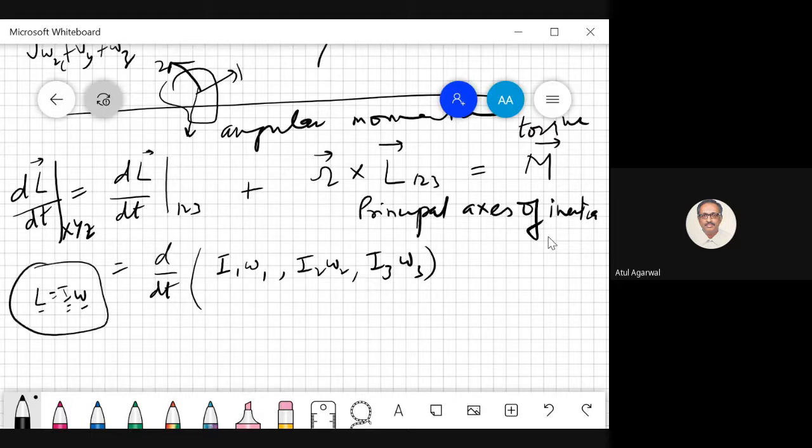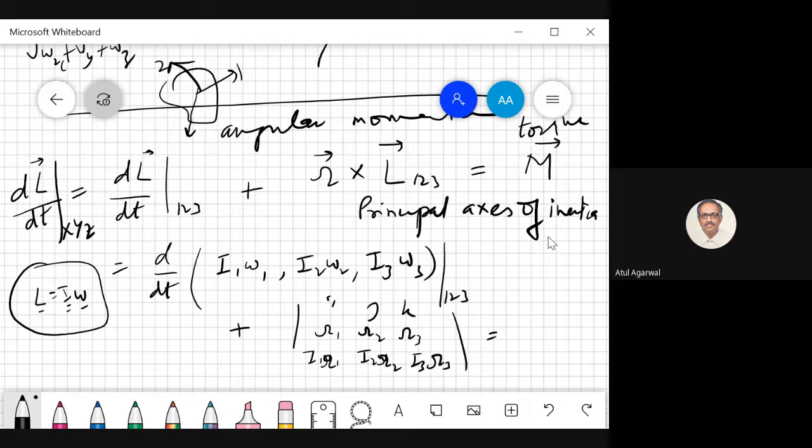Since I is a diagonal matrix, your L will be this, with respect to the 1, 2, 3 system, plus you are doing omega cross L. That you will do in the same manner as before: I, J, K, omega 1, omega 2, omega 3, and what is your L? I1 omega 1, I2 omega 2, and so on. This you can find is equal to your M1, M2, M3.